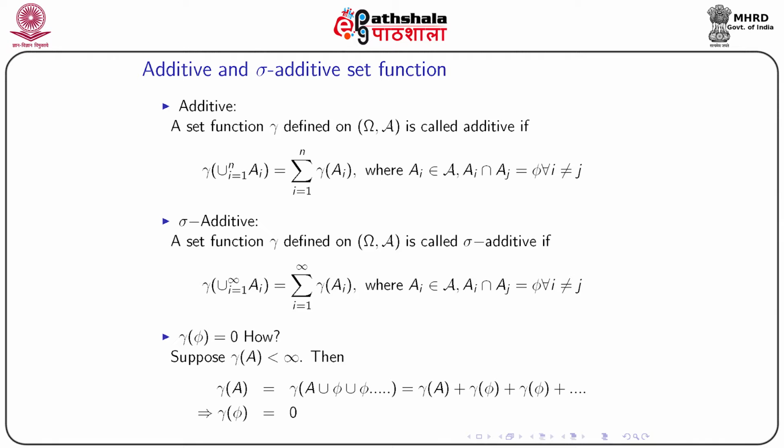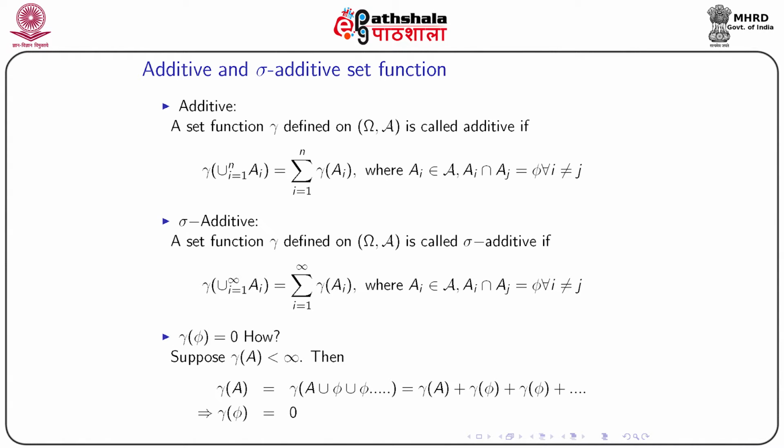Moreover, A and phi are mutually disjoint. If they are disjoint, then I can break this union into a sum. So, I have gamma A plus gamma phi plus gamma phi plus gamma phi, a countable number of gamma phi. Now, here comes the restriction: if gamma A is finite, then gamma A will be cancelled from both sides and it will yield the result that gamma phi is equal to 0.